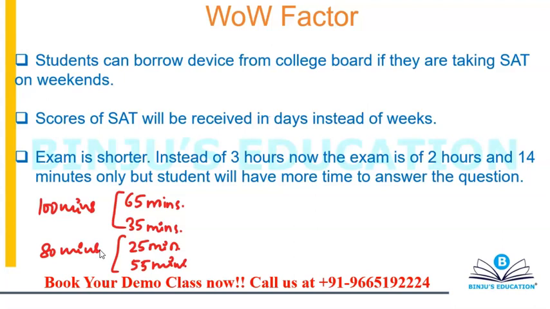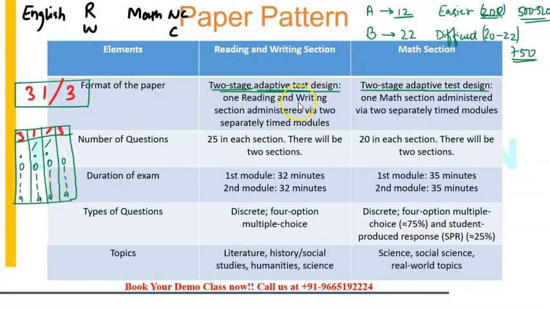So this is on a very rudimentary basis, from the very scratch, what the digital SAT is all about. There are two or three main things which you need to understand here, guys. Apart from the fact that they have made the exam much more accessible to the students, please do understand this one thing. Now this exam is becoming adaptive.